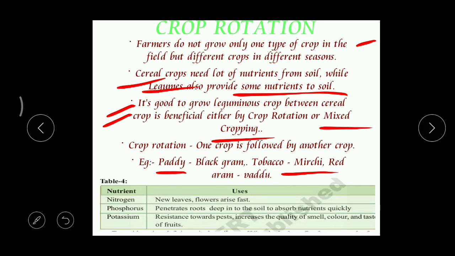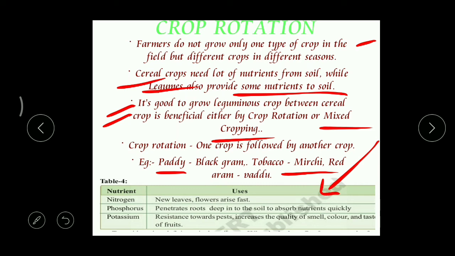Got it? Now here you can find the table, and by observing this table, you can find out the use of these nutrients to the soil. So, for example, take nitrogen. Nitrogen is responsible for the development of new leaves, and flowers arise fast. Okay, new leaves develop. What is the use of leaf?